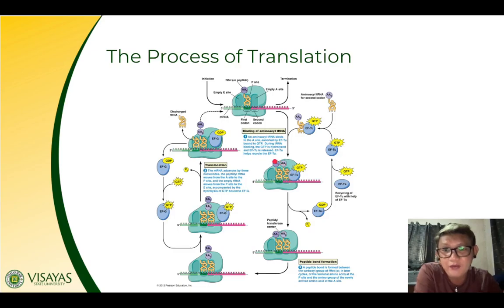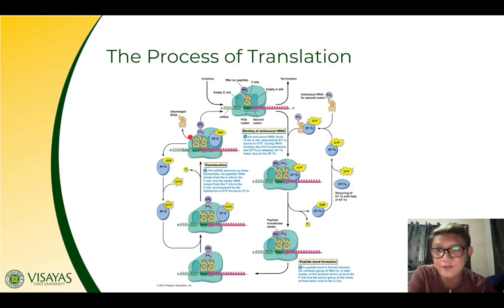The peptide bond formation will occur via the peptidyl transferase reaction, and then the amino acid will be released from the first tRNA, and the ribosome will move one step ahead, one codon ahead, and will recognize another codon.